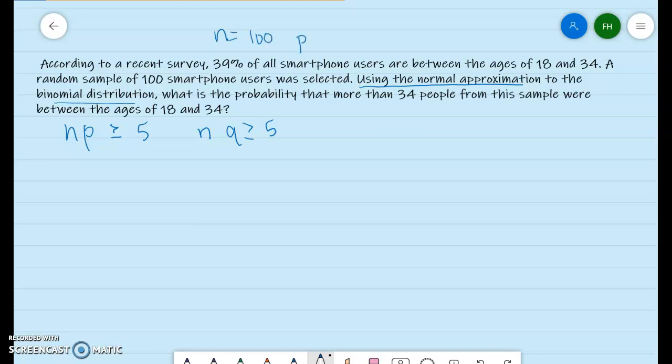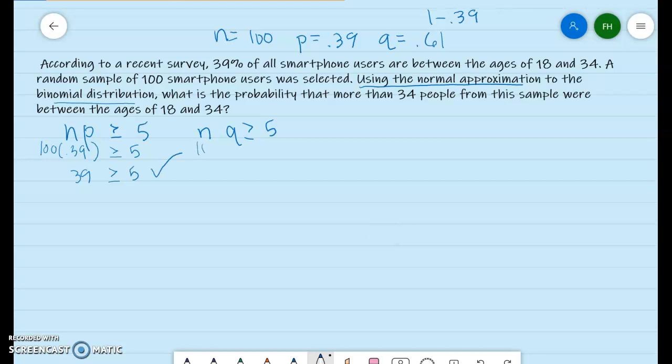We know that P is 0.39. So Q would have to be 1 minus 0.39, so Q is 0.61. So if we did 100 times 0.39, that would be 39, and we know that that one meets the requirement.